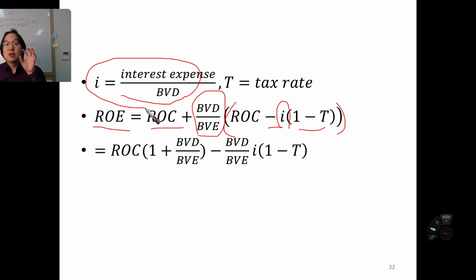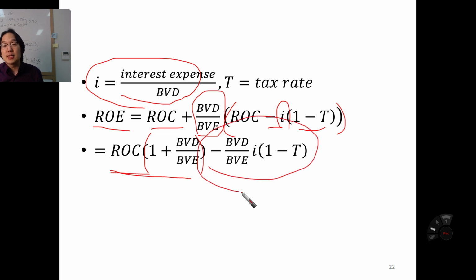This is the historical interest rate. If you do the math, you will realize ROE should be ROC times something greater than 1 minus this term. This is the leverage effect, which makes ROE more volatile. Leverage effect magnified. So that's why it is much more volatile.